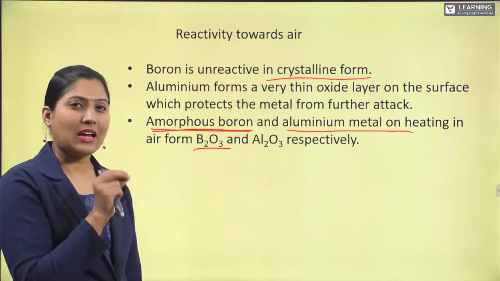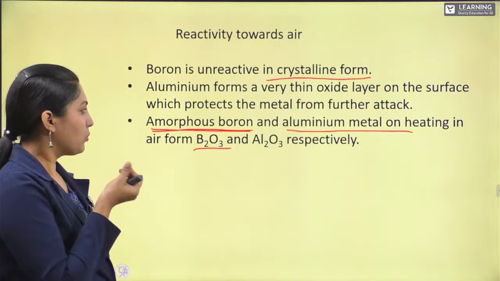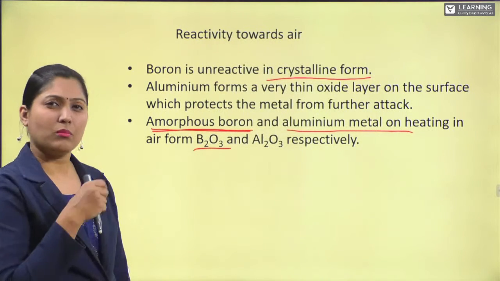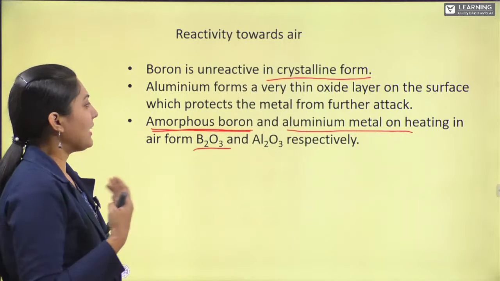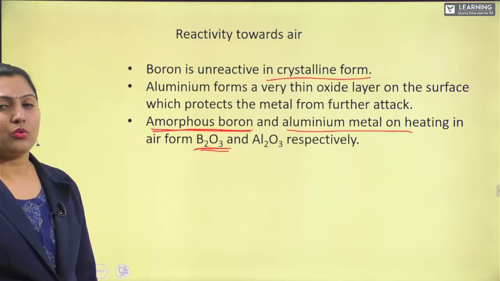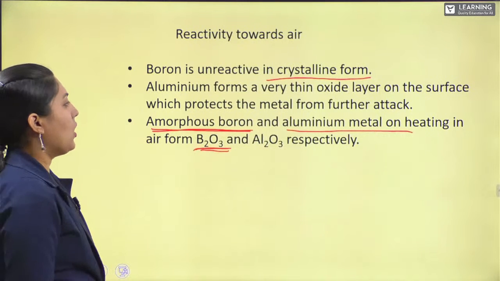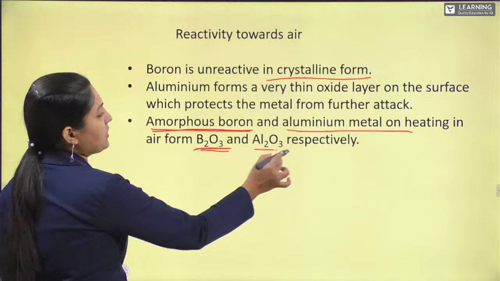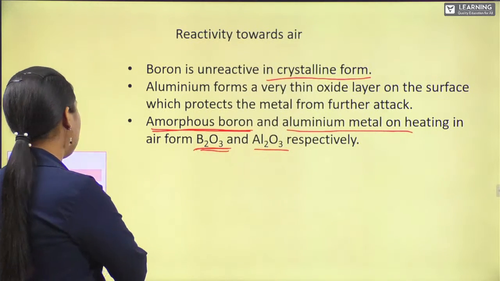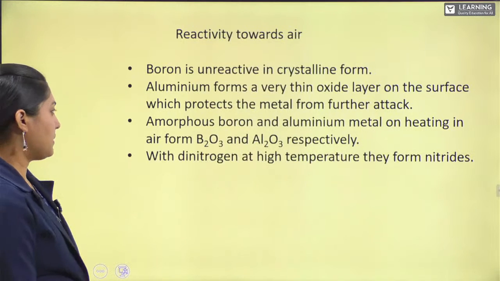Amorphous means it will be talcum powder like, a completely smooth powder of boron. So that will have more surface area such that it can easily react with air to form boron trioxide. Whereas aluminium, as we know, reacts with oxygen or air to form aluminium trioxide respectively.